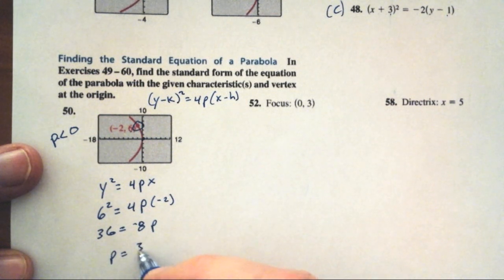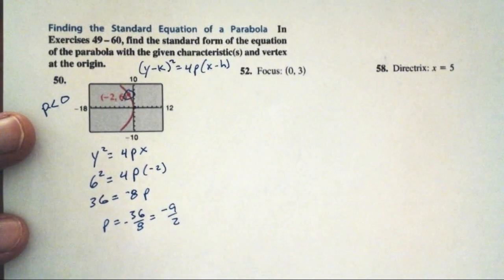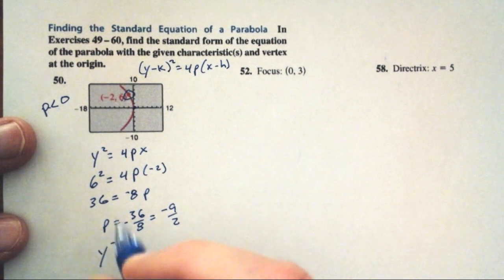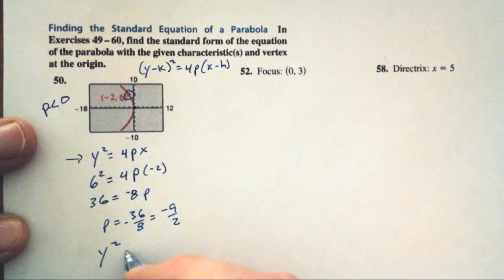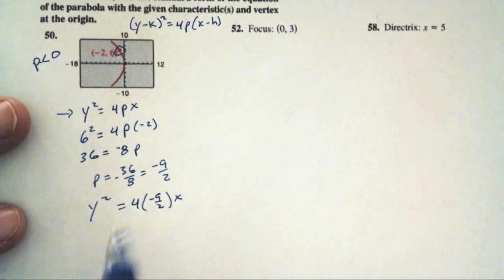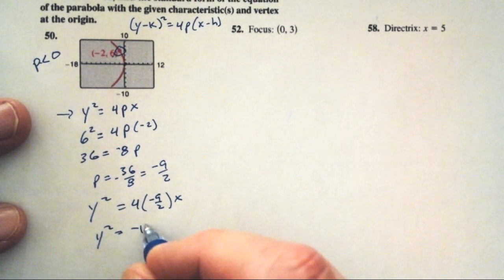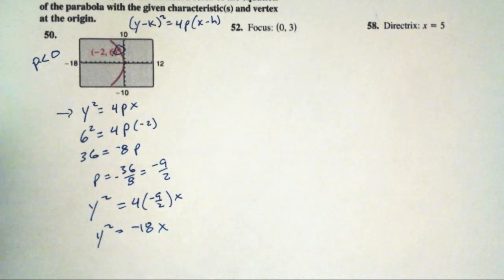P is 36 divided by negative 8, or negative 9/2. Substitute that back in for p, and I get y squared equals 4 times negative 9/2 times x, which is kind of a useful form, but probably the back of the book distributes that, and we get negative 18x.